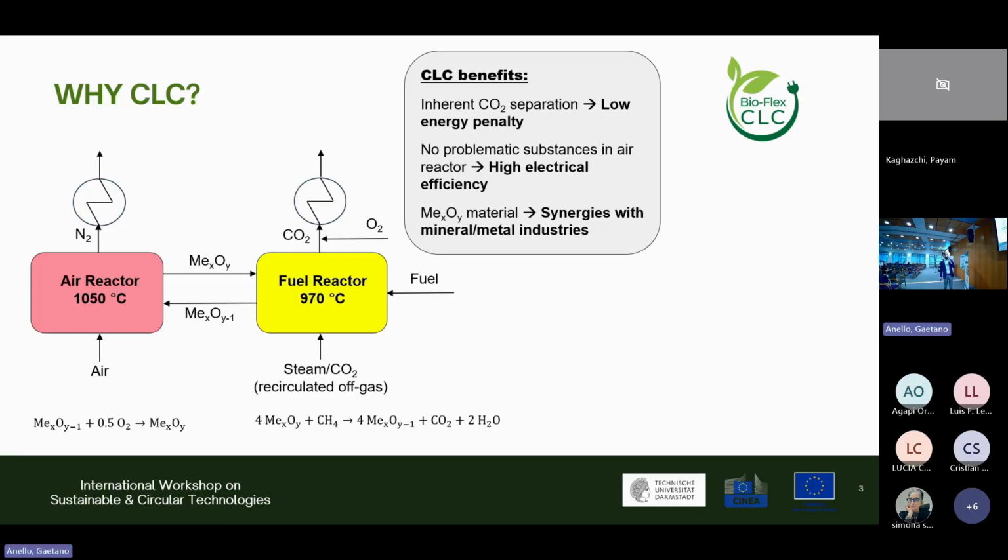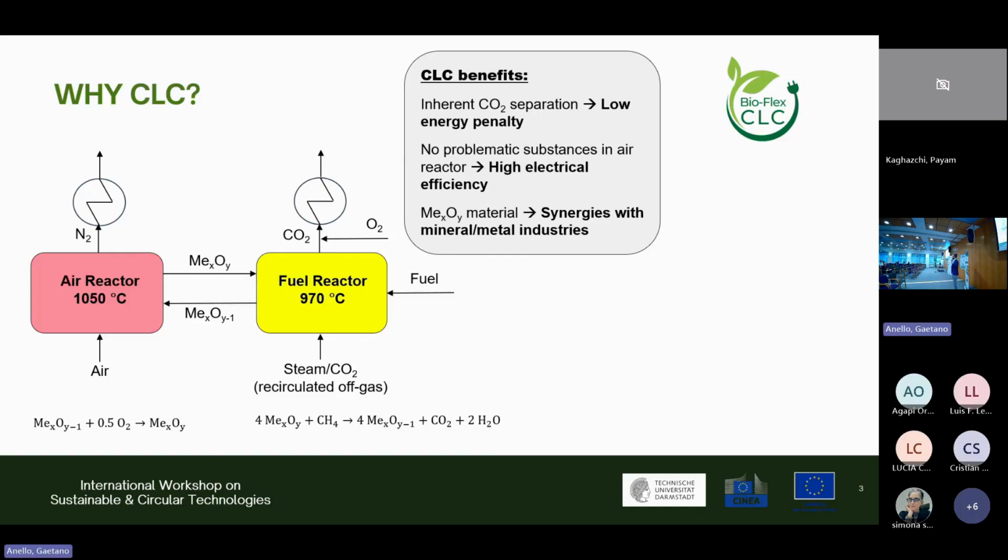We can also expect some efficiency benefits from this configuration, because we expect that, especially with tricky fuels like waste materials, most of the corrosive species included in the fuel will end up in the off-gas from the fuel reactor, while the air reactor off-gas, which can also be used for heat for water steam cycle utilization, is expected to be rather unpolluted, which allows the use of high steam parameters on this side, and therefore also potentially high electric efficiencies.